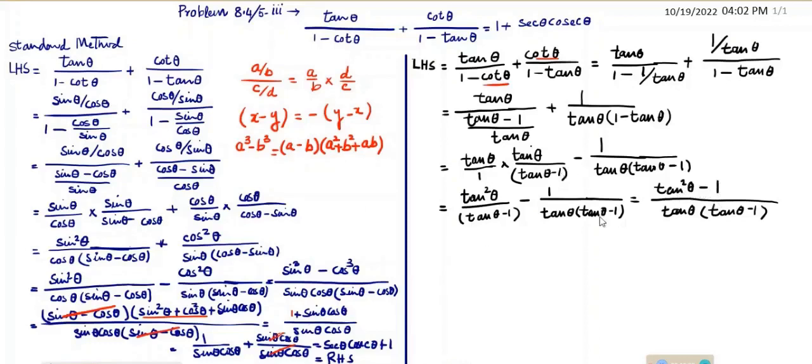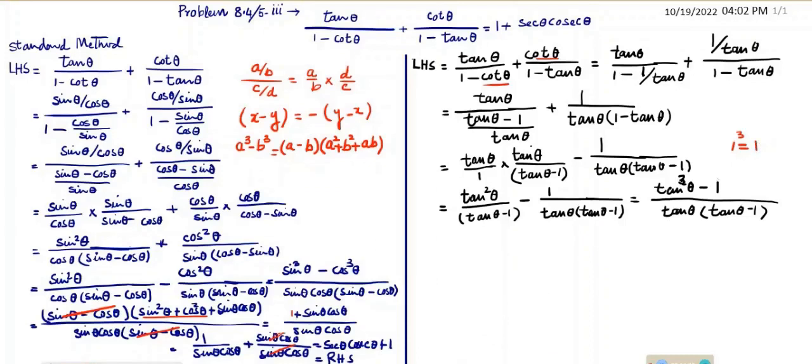So we have tan cube theta minus 1 in the numerator, and tan theta multiplied by tan theta minus 1 in the denominator. 1 cube is equal to 1.